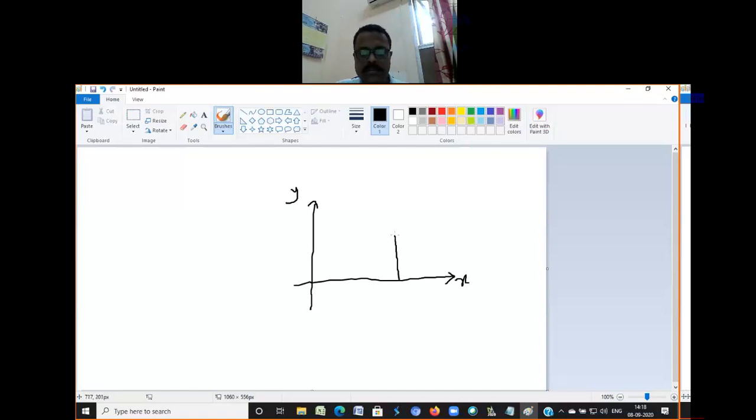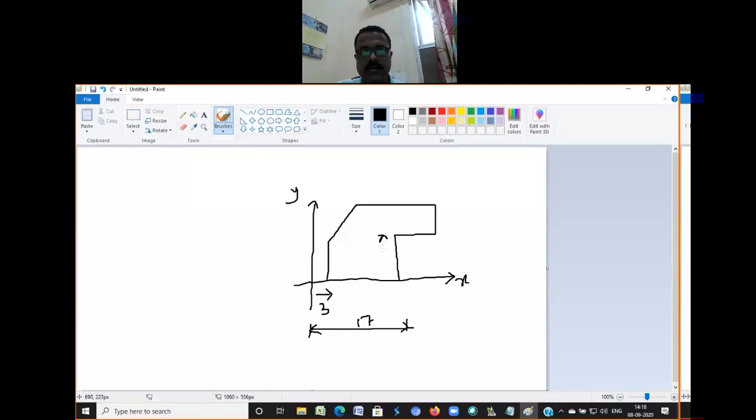Please try to draw a figure like this. From here up to here, this is 3 millimeter. From here up to here, this is 17 millimeter.